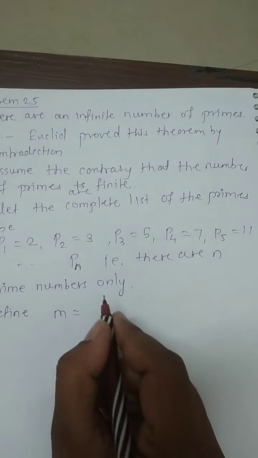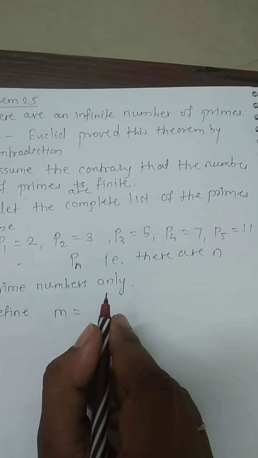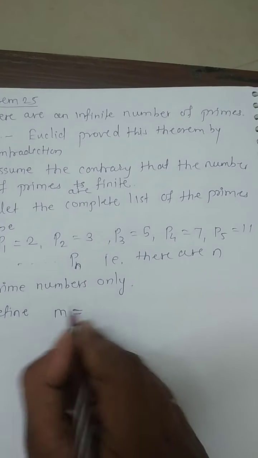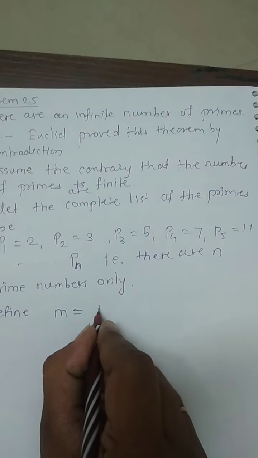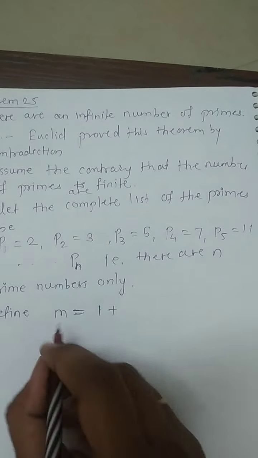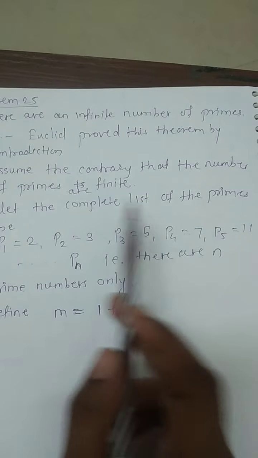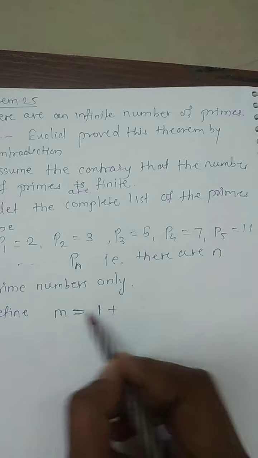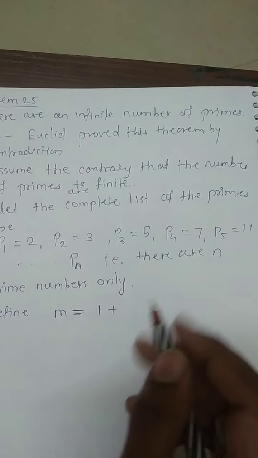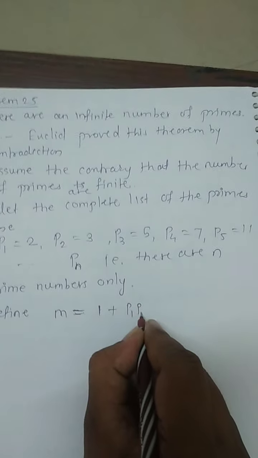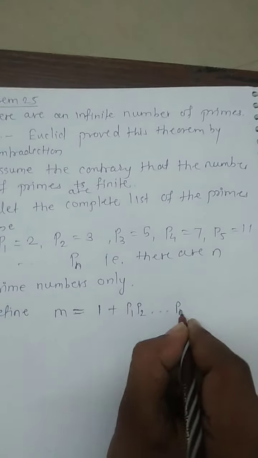Define m. m is any integer greater than 1. Greater than 1 means what? 1 plus something. In all this proof, take m greater than 1. So m is any number greater than 1, which means 1 plus something. So take that quantity as P1, P2 up to Pn.